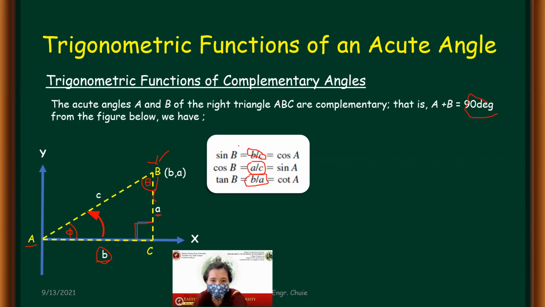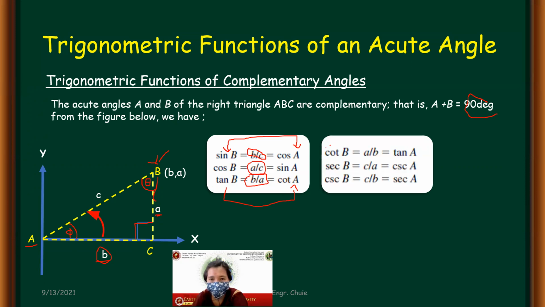Since you can see the relationship, since A plus B equals 90 degrees, sine of B is equivalent to cosine of A. The same goes for tangent of B, which is equivalent to cotangent of A, since the values are reciprocal. The reciprocal of tangent is cotangent. Okay?